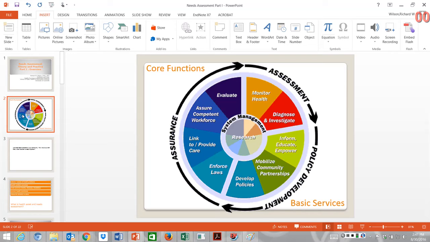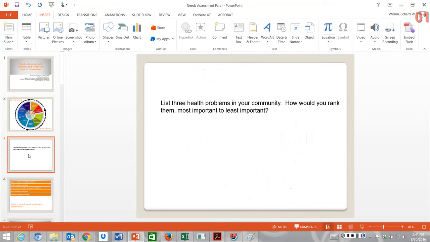Those are some of the sources of data that enter into a needs assessment procedure. In any case, I just want you to note the importance of assessment in the overall picture of public health. It's a very important part of what we do.